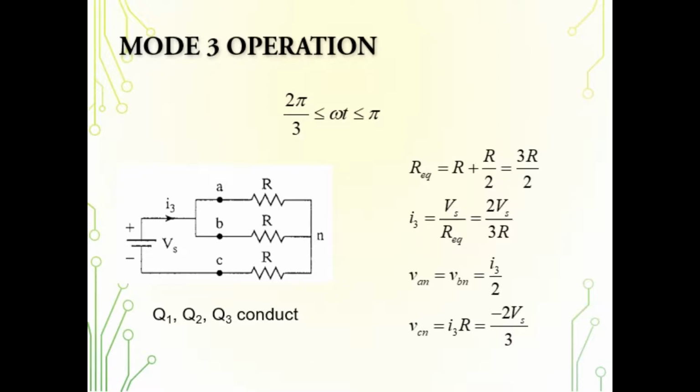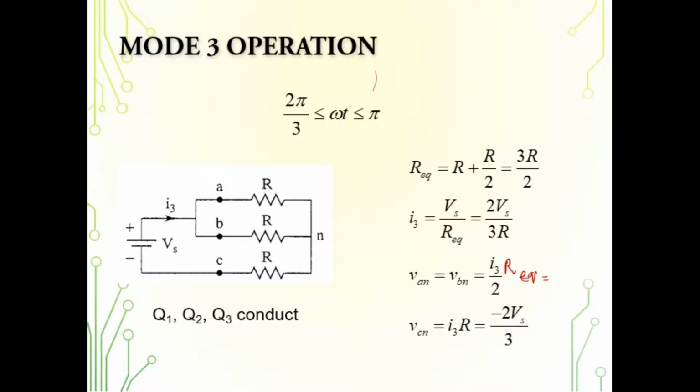Terminal A is connected to positive, terminal B is connected to positive, and terminal C is connected to the negative terminal. So here VAN and VBN is I3 into R by 2.